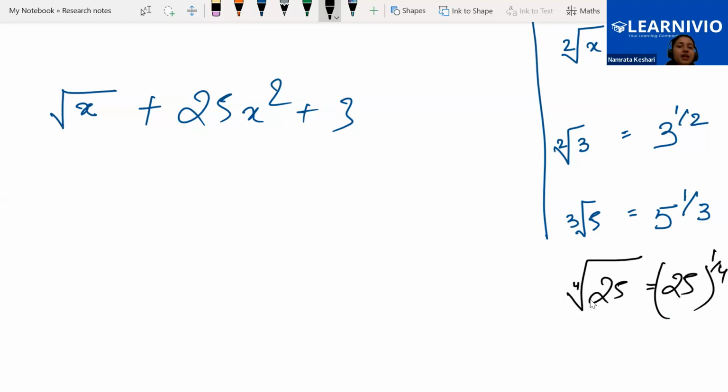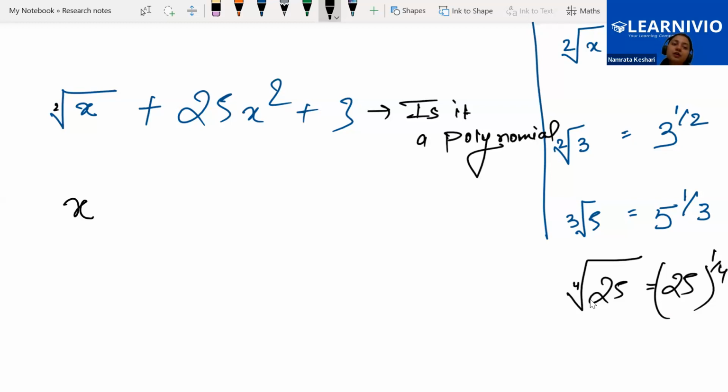Okay. If we understand this concept, then now you tell me, is it a polynomial? No, it's not. Why, Sarah? Because the exponent is not a whole number.